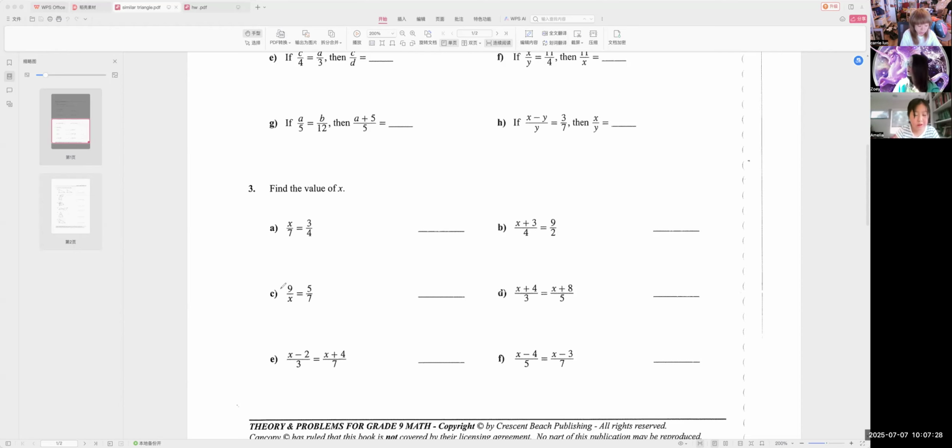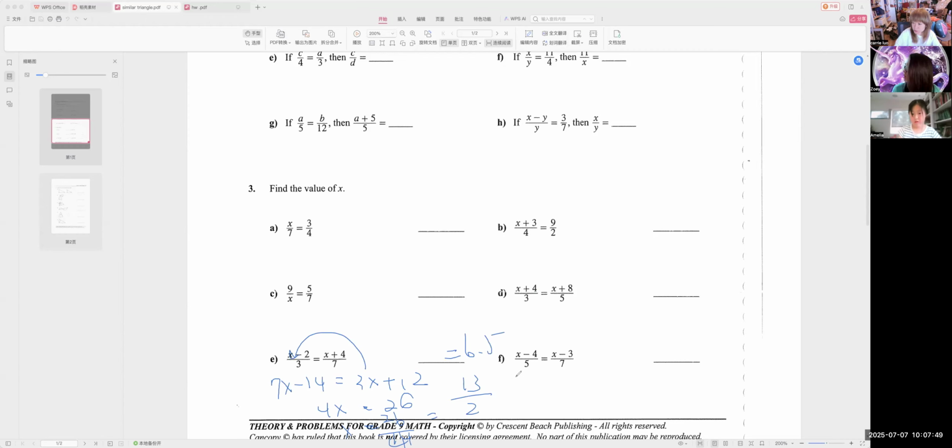I said I'm still doing it. 7x minus 14, didn't I just teach that? Equals 3x plus 12. So 3x over there equals 4x equals 26. So x equals 26 over 14 equals 13 over 2 equals 6.5.